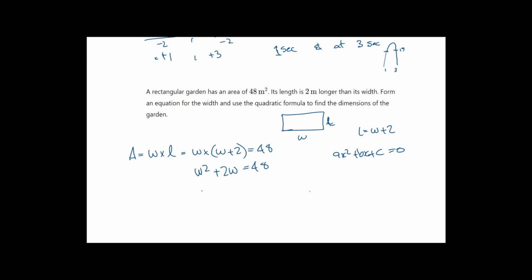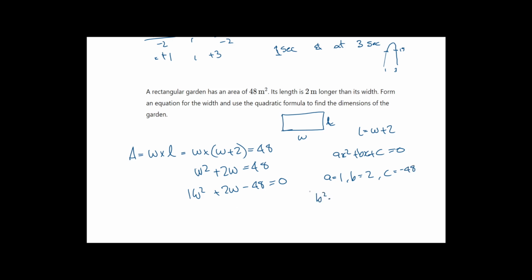So let's bring this 48 over. Now we have it in the sort of form that we want. So a is going to be 1 because there's a 1 in front of that w squared. The b is going to be 2, and c is going to be negative 48.